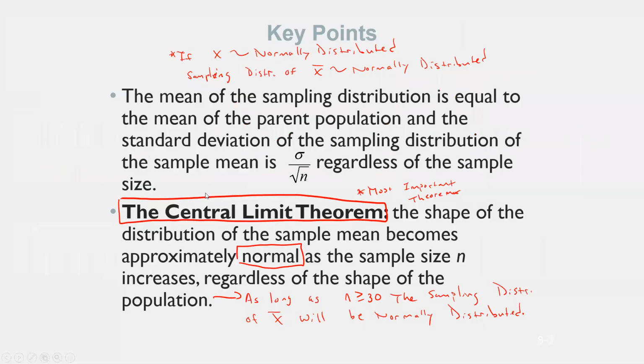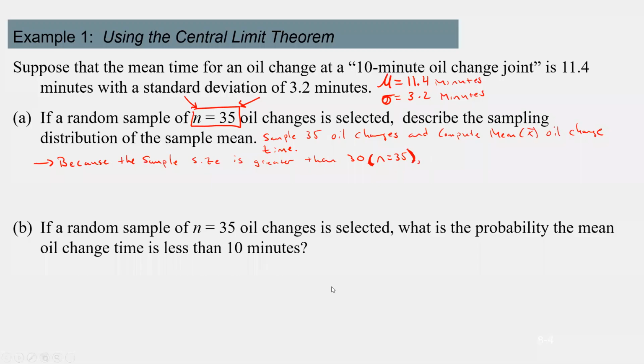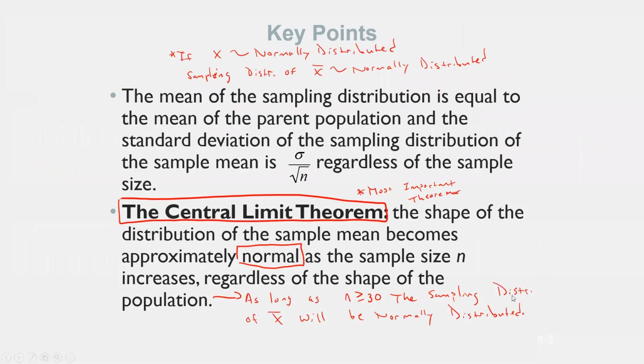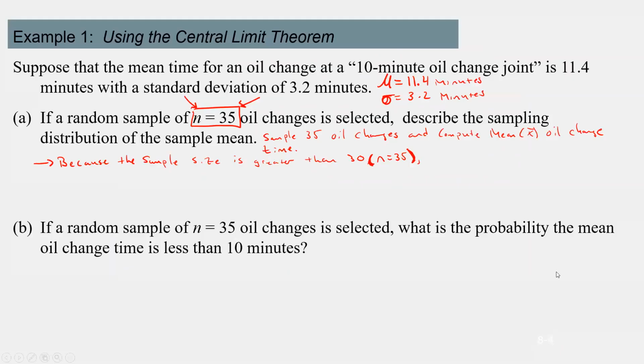Go back. Yes, right here, the central limit theorem. Most important in class. And look, this is what it's saying. As long as the sample size is greater than or equal to 30, which it is, the sampling distribution of X bar will be normally distributed. So this is what we're able to say.